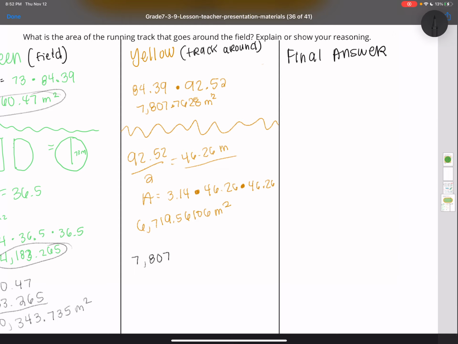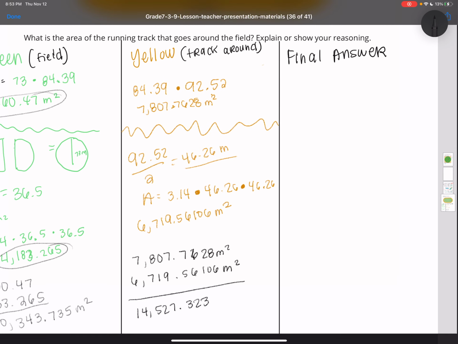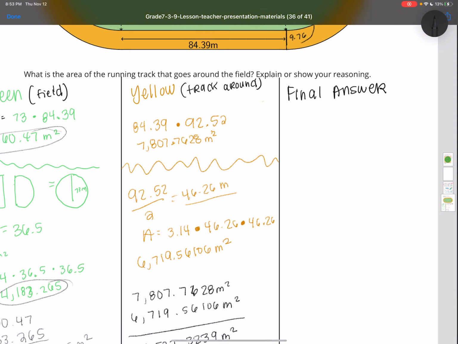So I added my two areas together, and then when I did that, I got 14,527 and 3,239 thousandths meters squared.